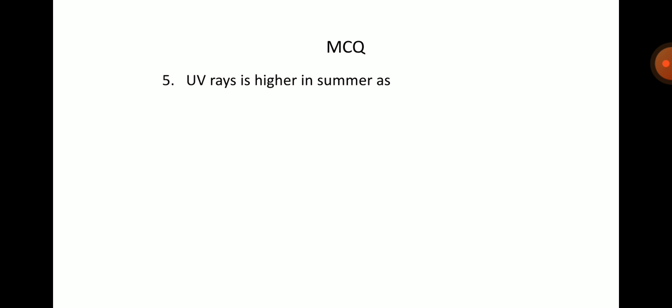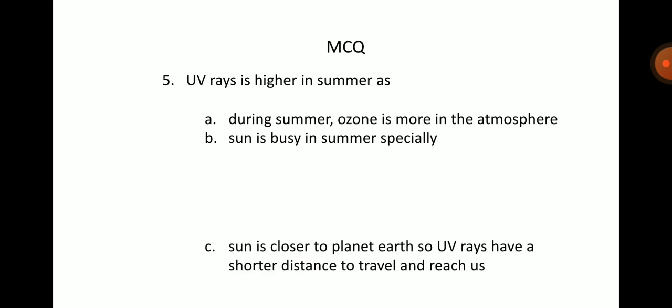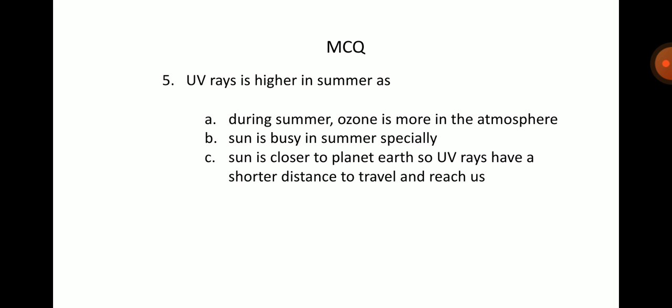The fifth question, UV rays is higher in summer as, options are A. during summer ozone is more in the atmosphere, B. sun is busy in summer especially, then C. sun is closer to planet Earth, so UV rays have a short distance to travel and reach us, and D being none of the above.